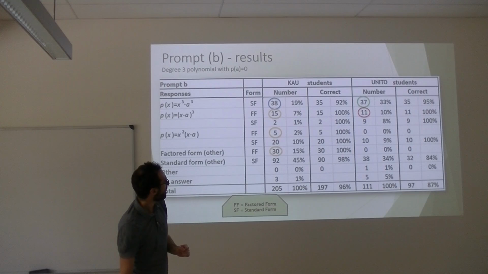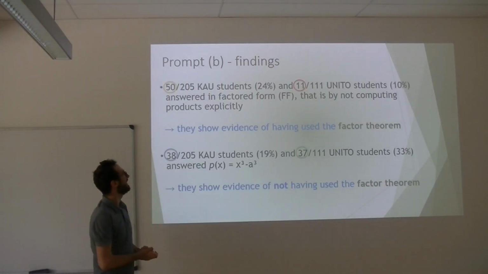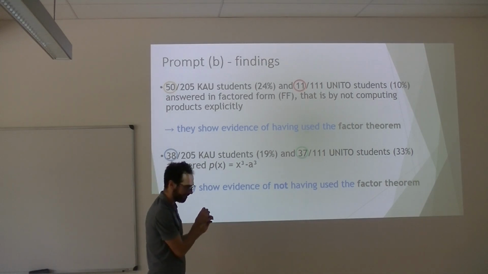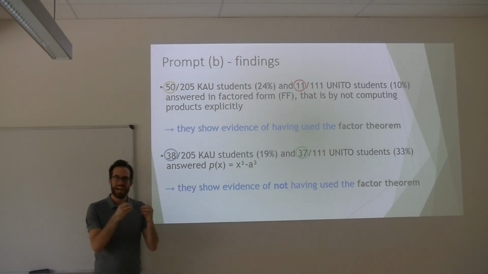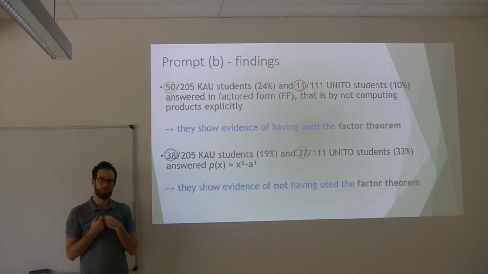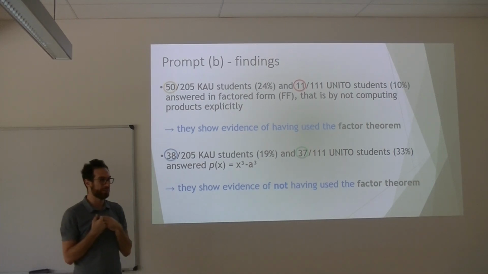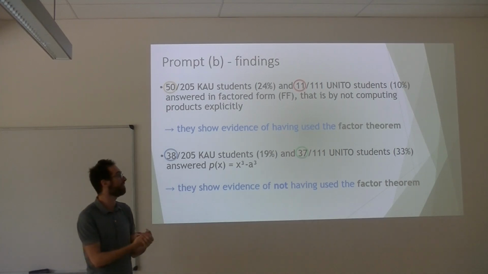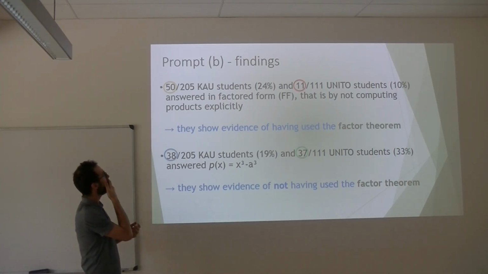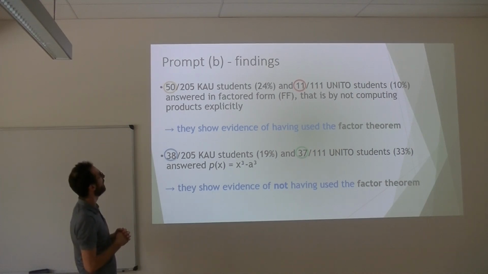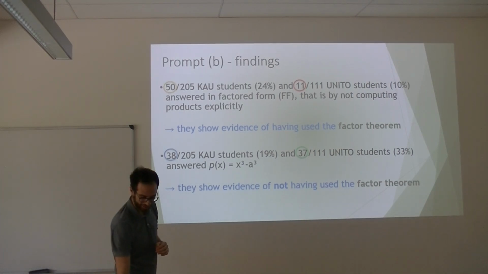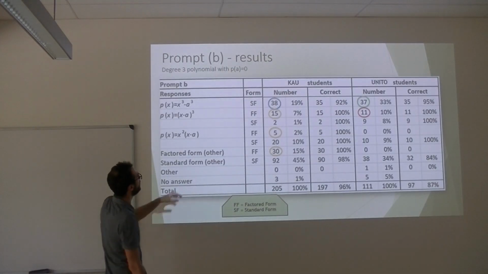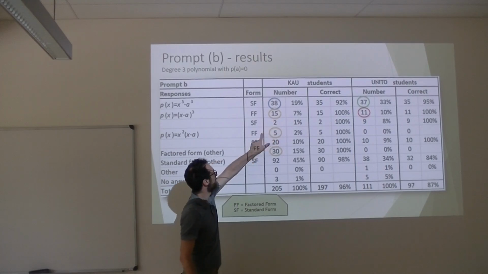Anyway, the numbers highlighted in here, they want to highlight also our attempt to understand which were the strategies that were used by students. So how much do they use the factor theorem, or how much do they use other strategies? And for example, for the 50 students in Karlstad University, they used the factor form.